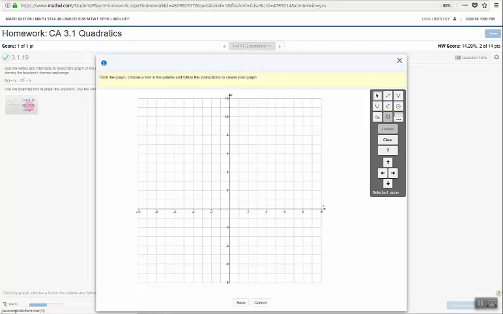Now, to do this, I would need to know the vertex. And if you can see way over here, the vertex is at 2, 5. You would need to know the y-intercept. And I'm just going to tell you that the y-intercept will be 0, 9. So I will click on the a value as an implied positive 1, so it is opening upward. The vertex is 2, 5.